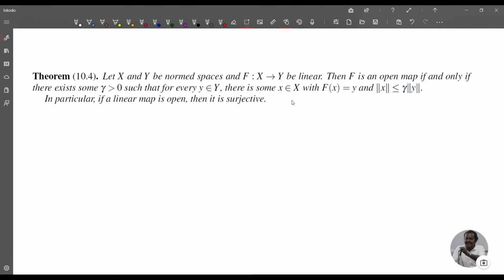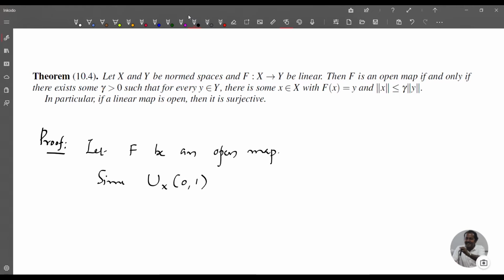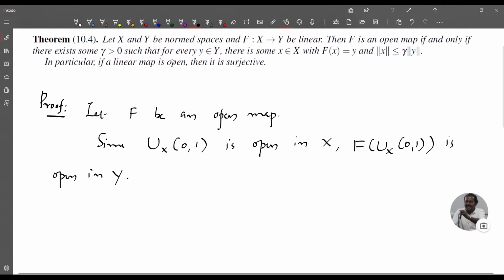So we prove this. Let f be an open map. Since U_X(0,1) is open in X, f of U_X(0,1) is open in Y. This is because f is open. Since f of 0 equal to 0, this belongs to f of U_X(0,1).